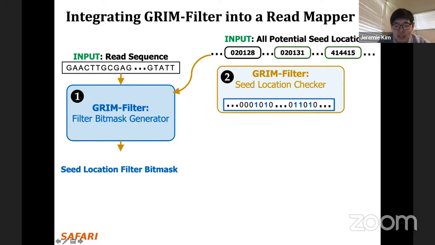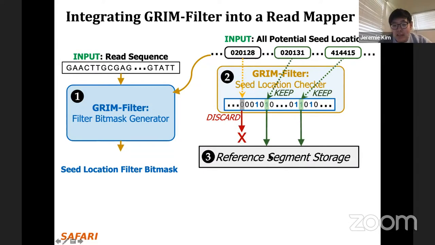So we send this bit mask over to a seed location checker, which compares it to the potential seed locations, and only passes on the seed locations that pass the checker, which is basically the indices that have a 1. Anyone that has a 0 is basically discarded.